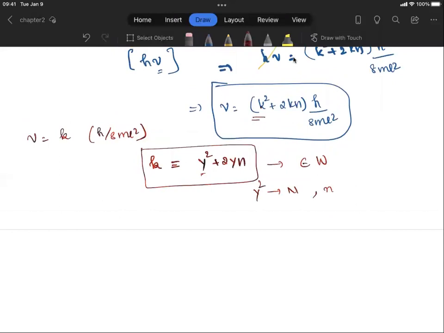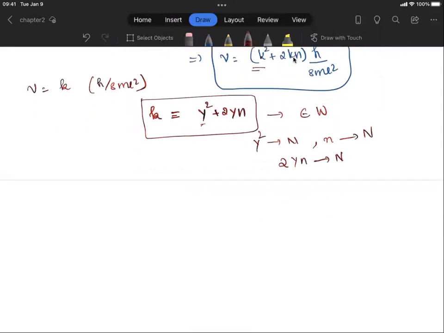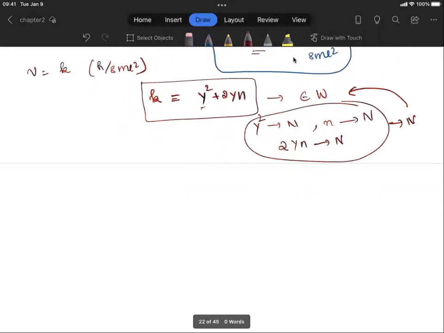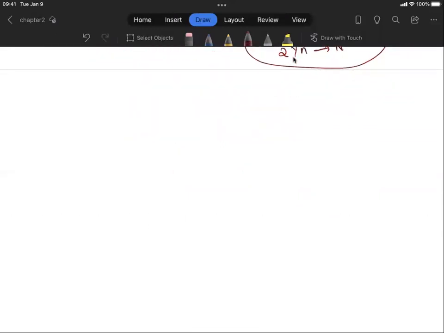And n is also a natural number, so yn is going to be a natural number and 2yn is going to be a natural number. The sum of all of this would still be a natural number. That is definitely a whole number. So yeah, we have shown the first part, which is the form of the frequency.